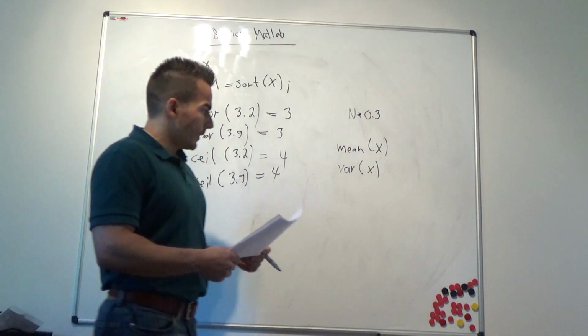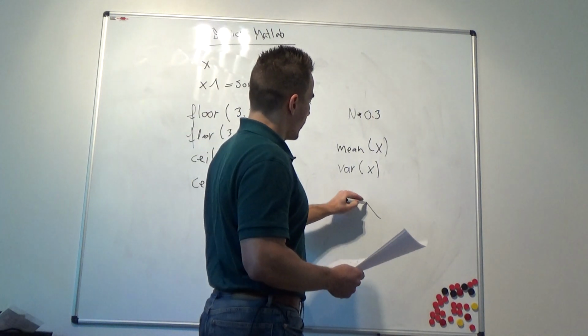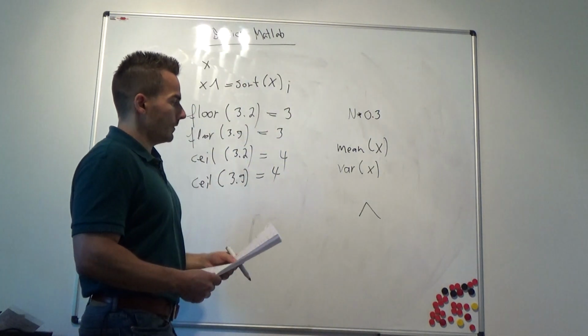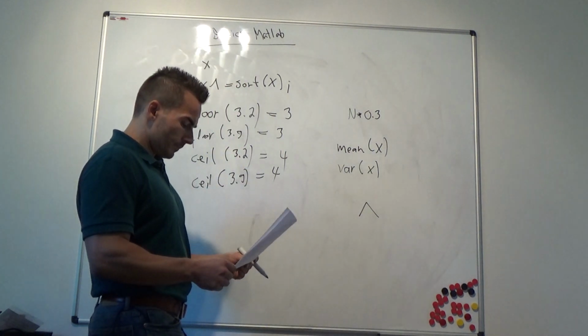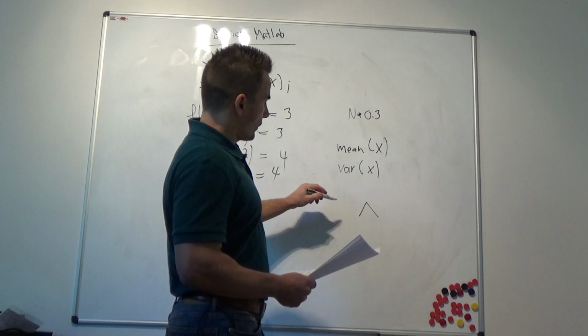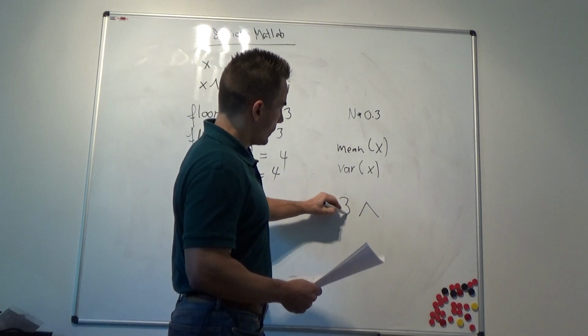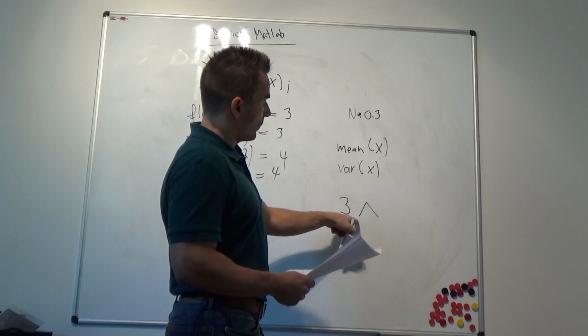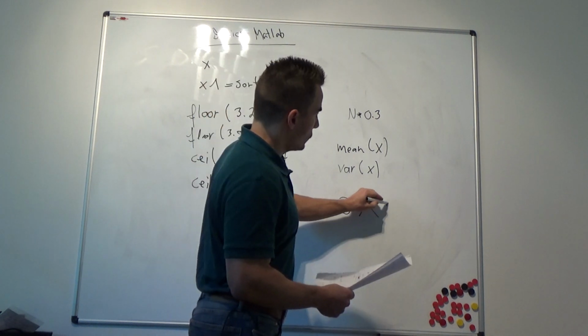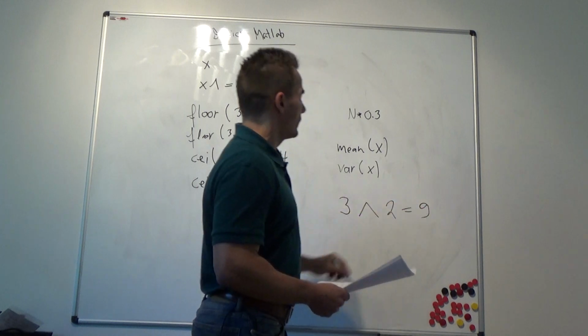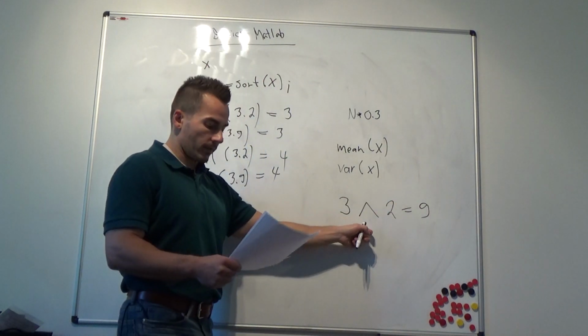Then we have already recognized this operator here. If you have, for instance, 3, and then you put in this expression, and then 2, it gives you 9. So it's the sign for squaring a number.